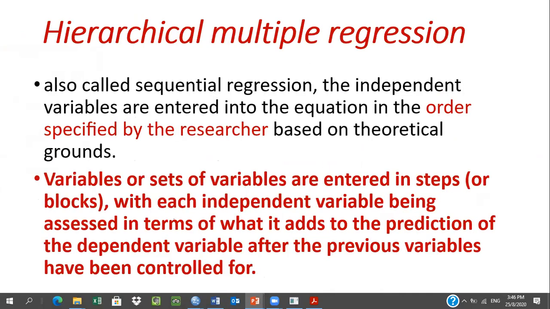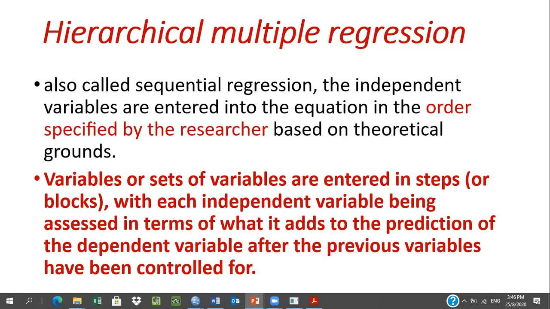Then finally, it's a hierarchical multiple regression. This is when variables or sets of variables are entered in steps, with each independent variable being assessed in terms of what it adds to the prediction of the dependent variable after the previous ones have been controlled for. So when you impose some control, you don't let it move.